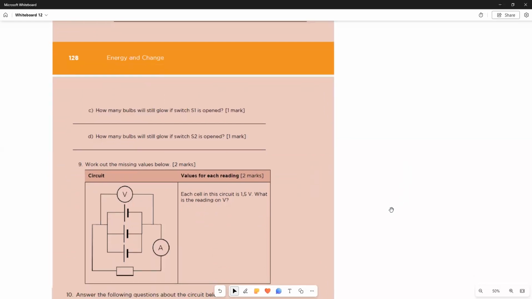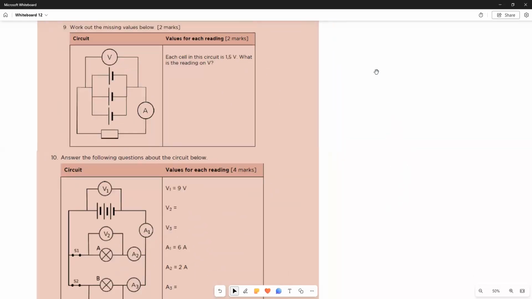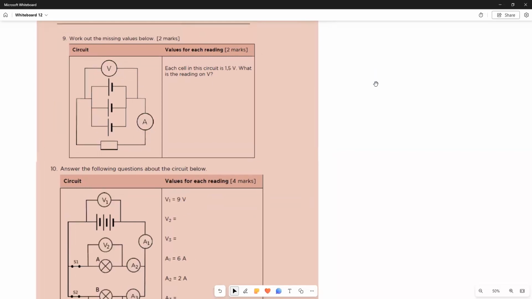And then let's check what else comes after that. Okay, let's go to 9. So on 9, they say each cell in this circuit is 1.5 volts. And then we can see that the cells are connected in parallel. Remember, I said a parallel connection shares the same voltage. So if each cell is 1.5 volts, the total will be 1.5 volts because they are connected in parallel.